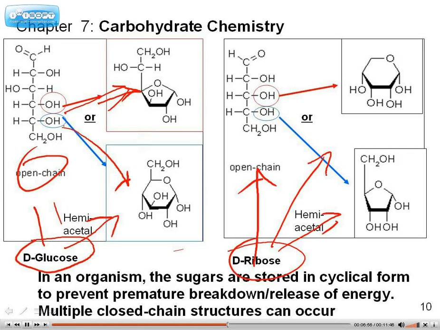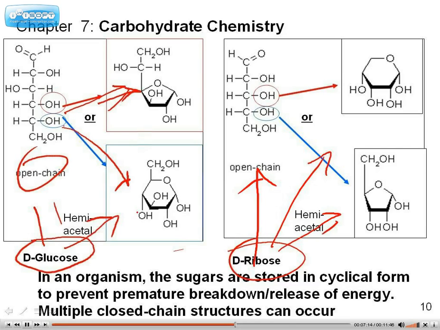Now, the possibility of creating different isomers is immense. We can create many different types of isomers. However, every cell is very picky and it only wants one type of isomer.